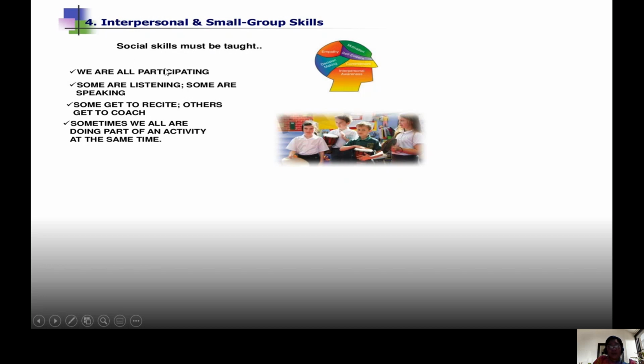So there's no individual task, but rather the social skills, wherein it's up to them to participate, or it's up to them to do their part as a group. So social skills must be taught in this element.